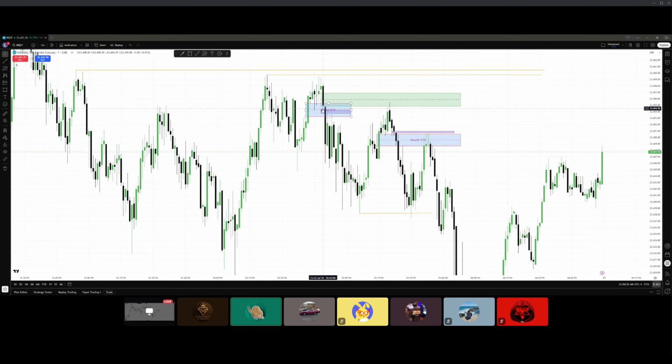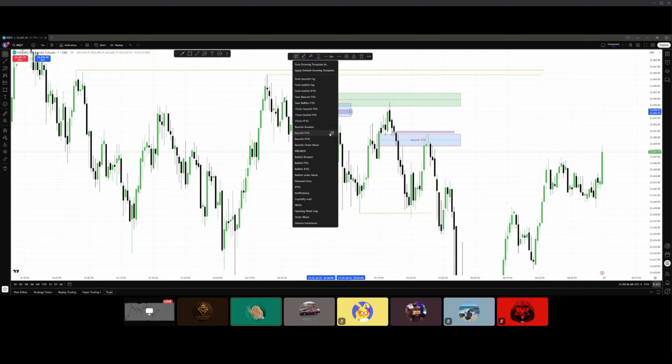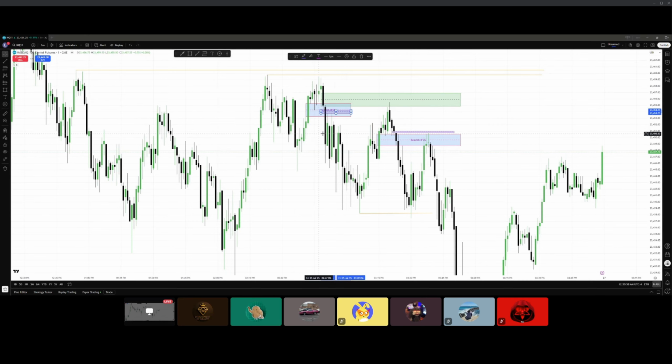Because not only did it respect this bearish fair value gap, it also respected this inversion and closed outside of it. Now if I missed this opportunity, I would have waited for a low to get swept to see if the market would come back up and play into here.